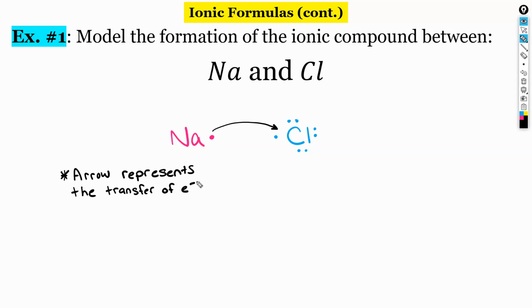The arrow is always going to go from cation to anion. Remember, the cation is positive to anion.